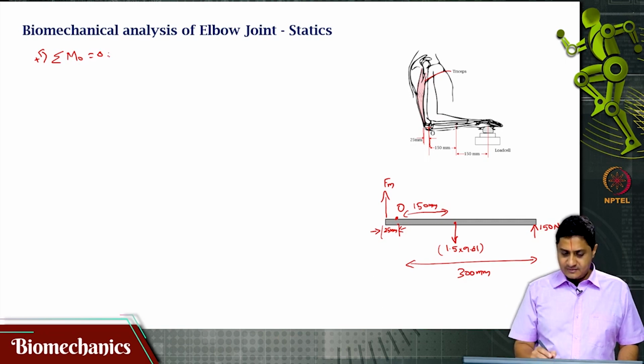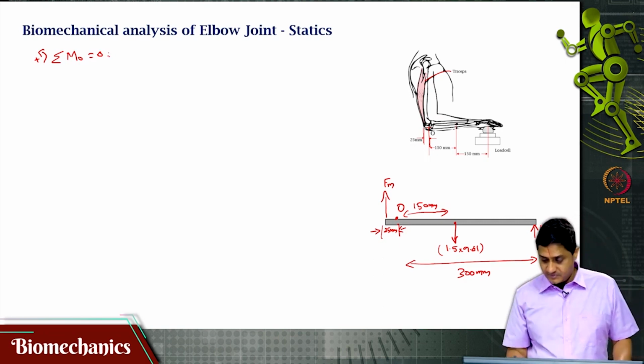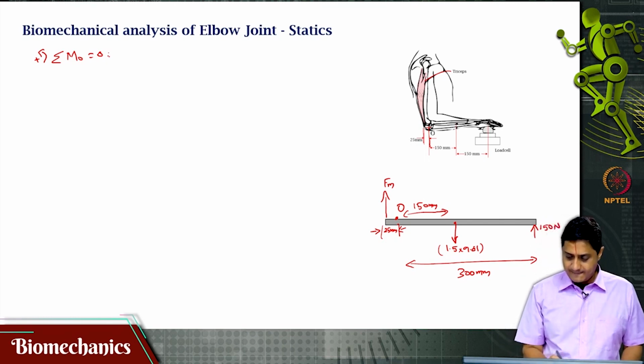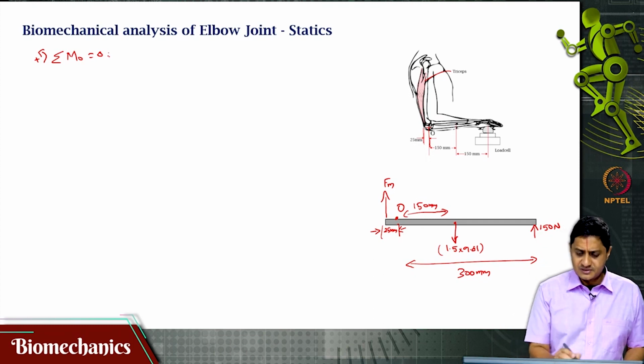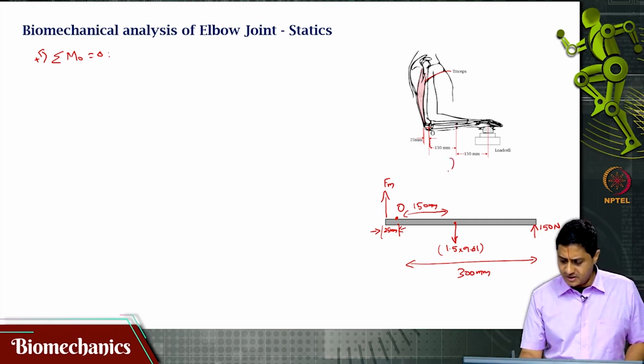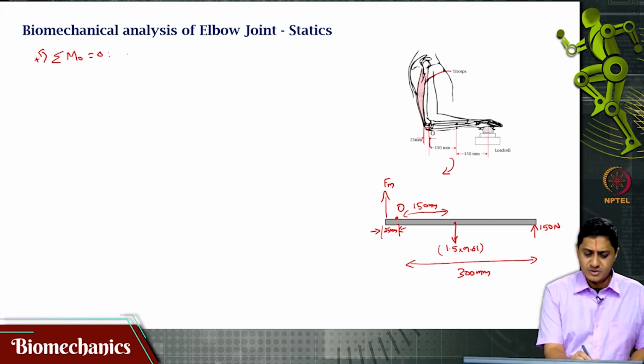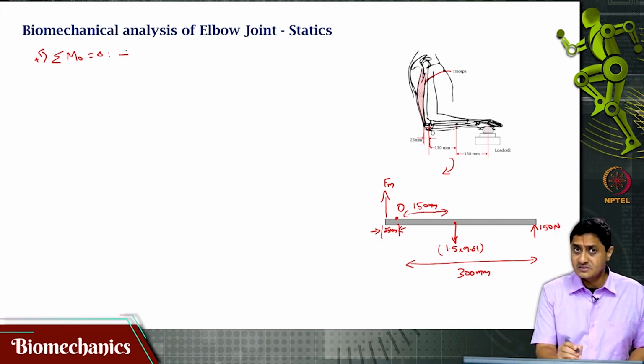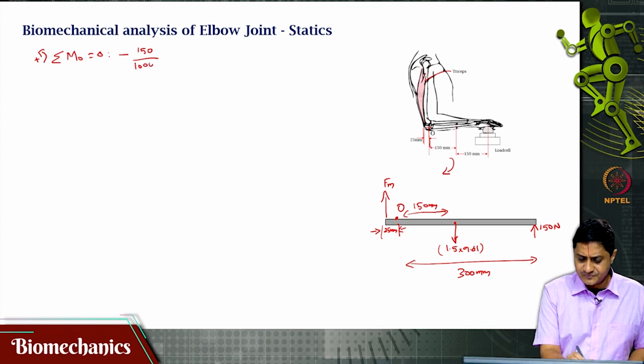So, the arm is applying a force of 1.5 times 9.81 newtons, and that is going to cause a clockwise moment. So, I am going to write minus, why minus? Because this is a clockwise moment, minus 150 by 1000, or rather 0.15 is the moment arm, times 1.5 into 9.81.